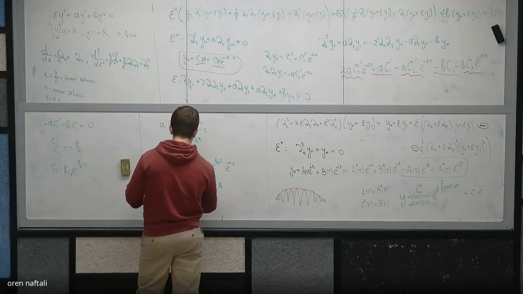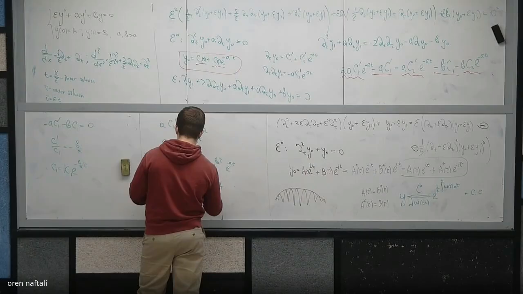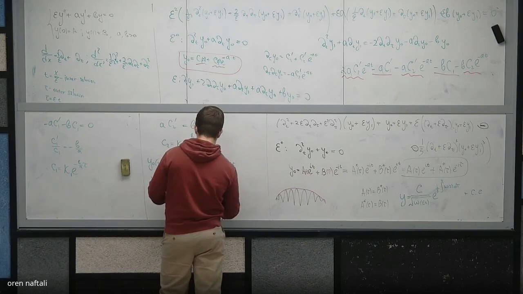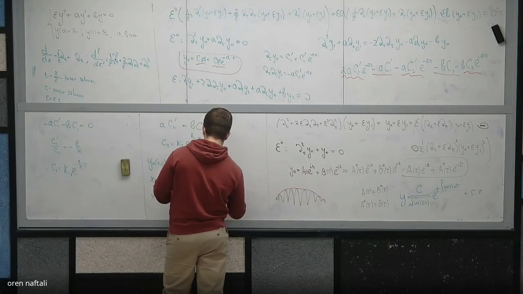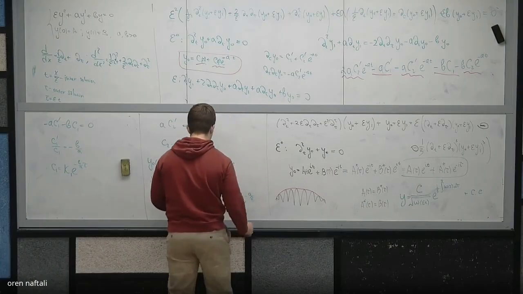So I write it as k1 e to the minus b over a plus k2 e to the b over a times e to the minus a over epsilon.